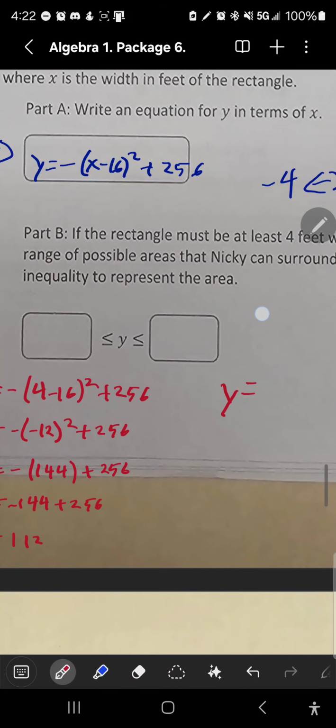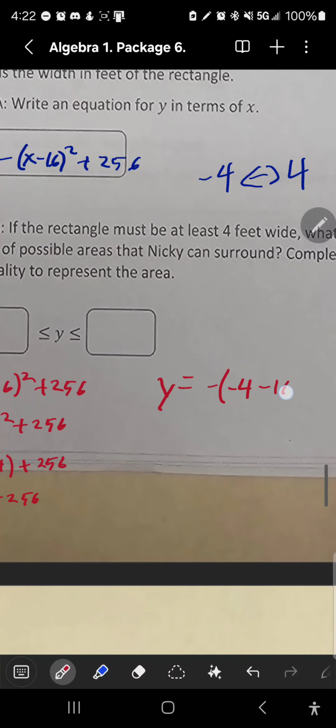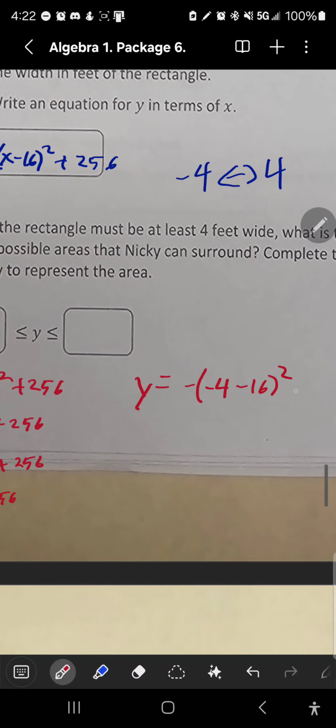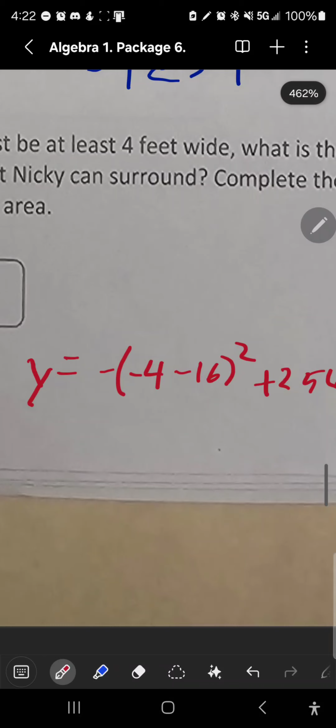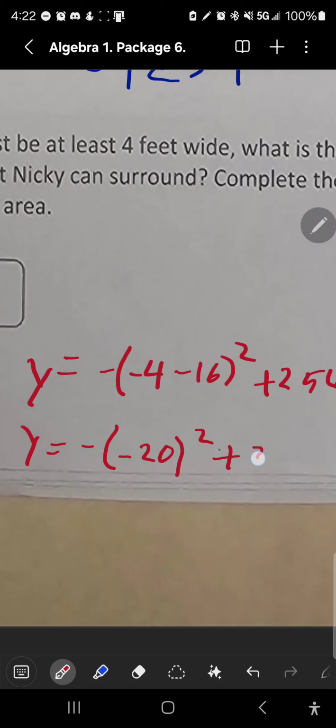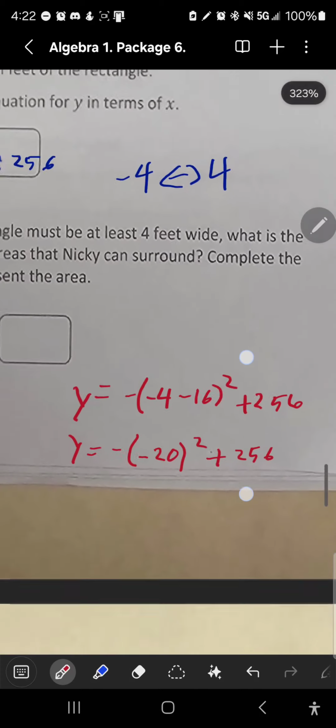So we have 112, and now let's see the other one. So y equal negative (negative 4 minus 16) squared plus 256. Negative 4 minus 16 is negative 20, so negative 20 squared plus 256.